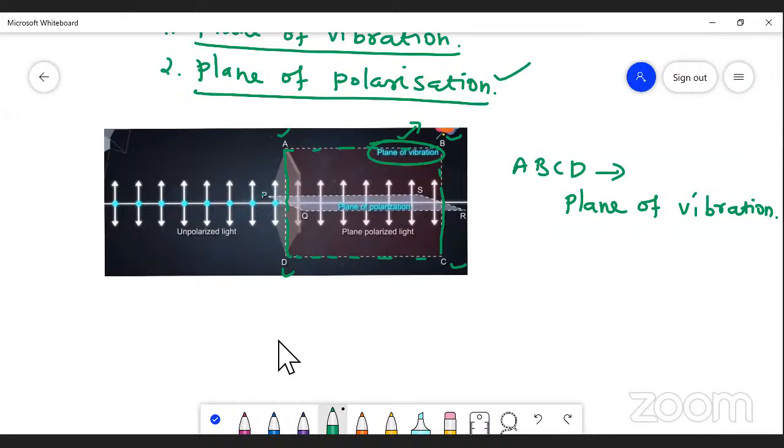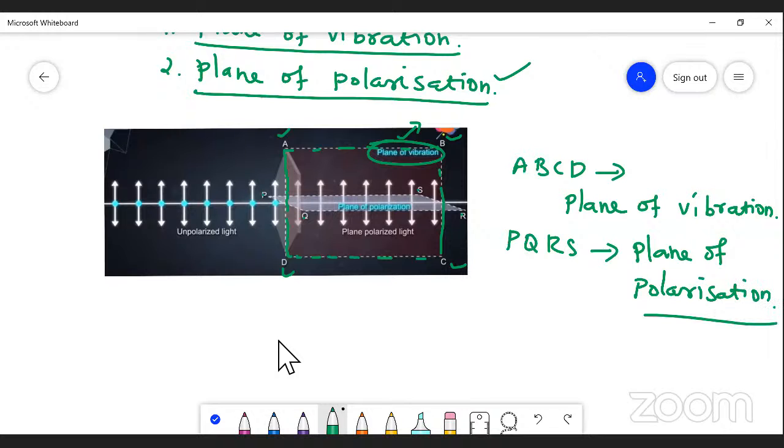The plane PQRS is the plane of polarization. In the plane of vibration, only vibrations occur, but in the plane of polarization, no vibrations occur.